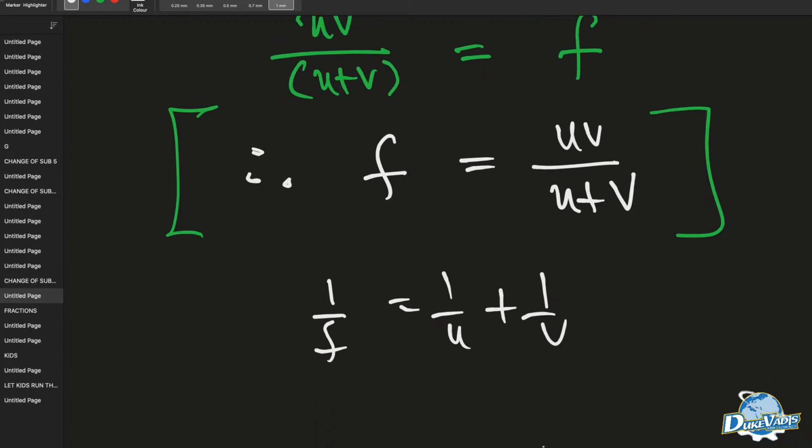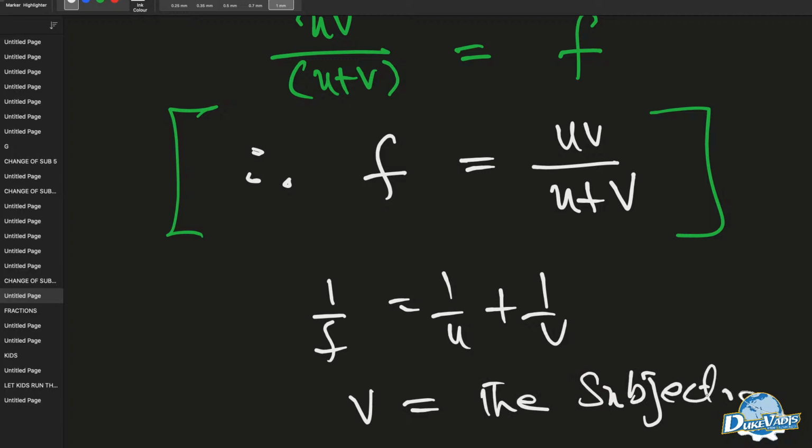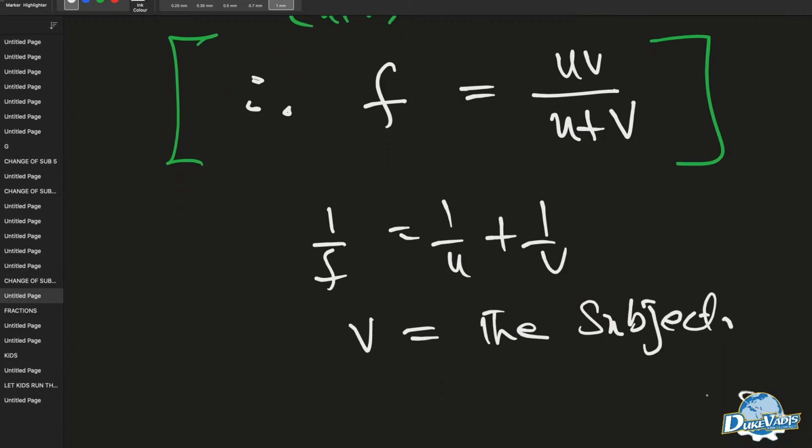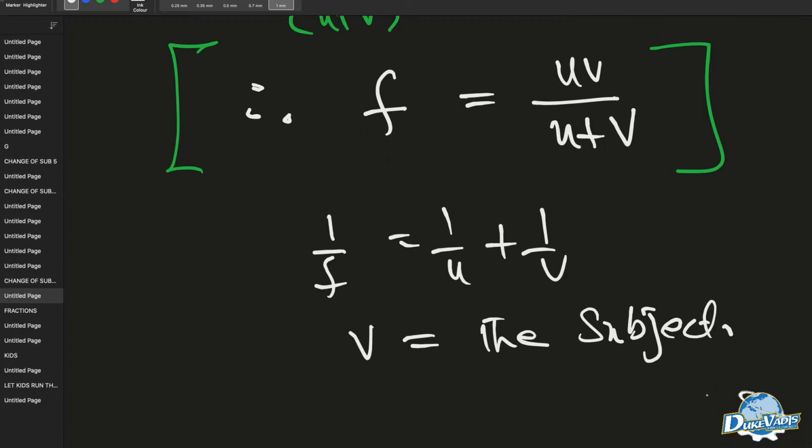Over here, we want to make v the subject of the equation. How do we go about it? It's very easy.